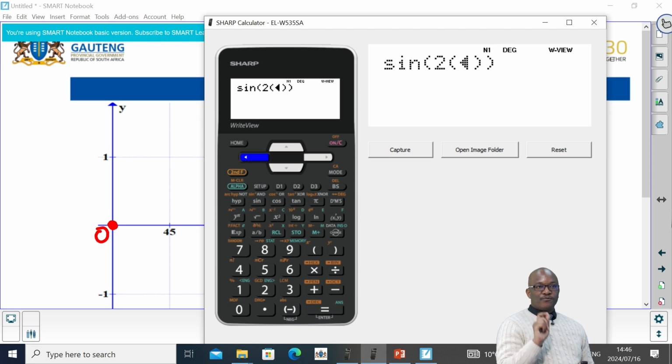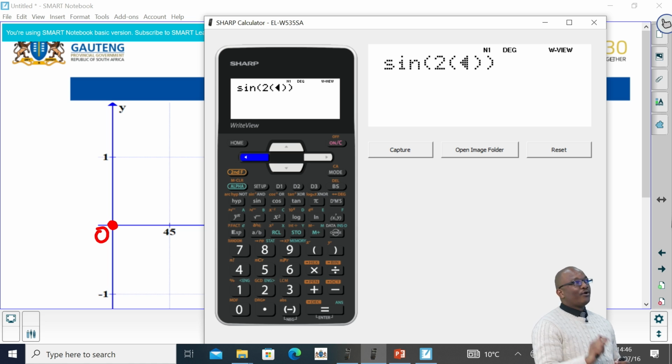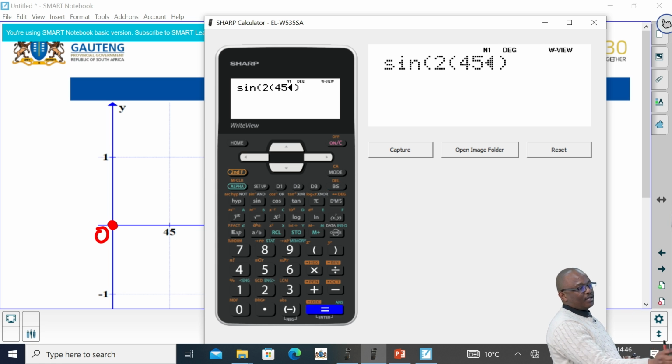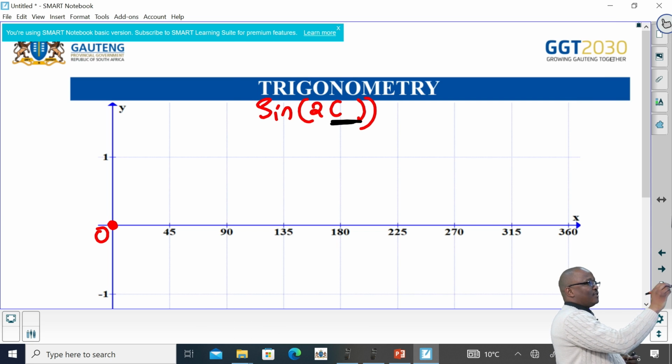It means it's 0, 45, 90, 135, and 180. So now we are looking at 45. If you say 45, then we're going to get not 150, not 450, 45. We delete 0 there, then we get 45.